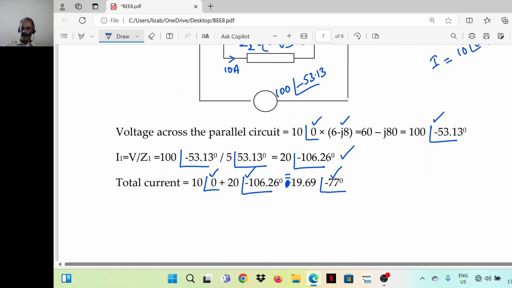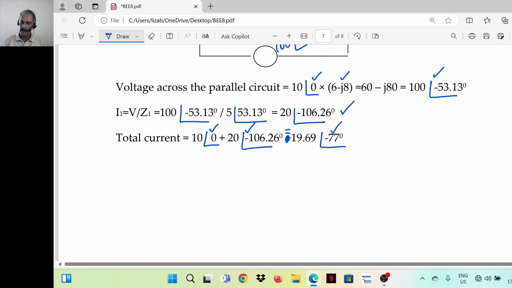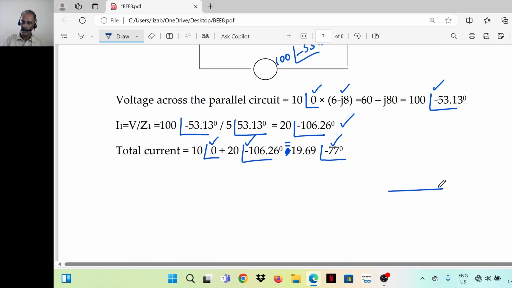So with these quantities we have to draw the phasor diagram. I2 is the reference, that is 10 angle 0. Then voltage is 100, at angle minus 53.13. Then I1 is 20 angle minus 106.